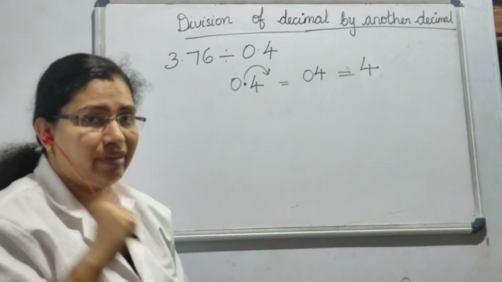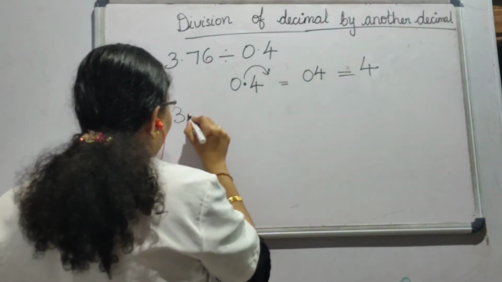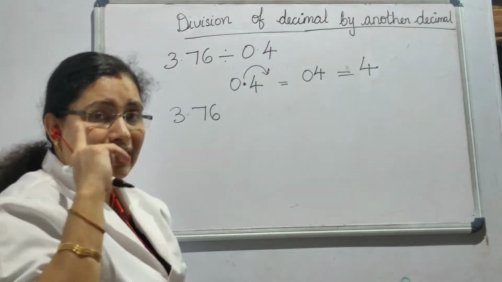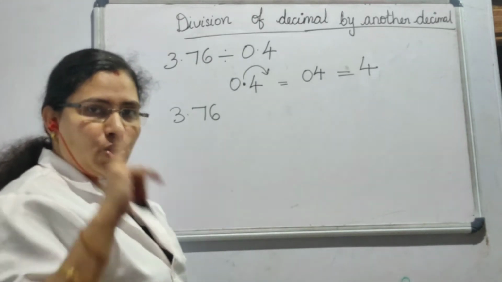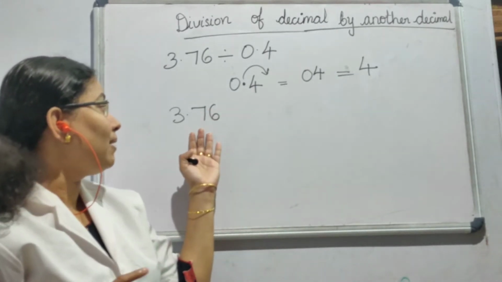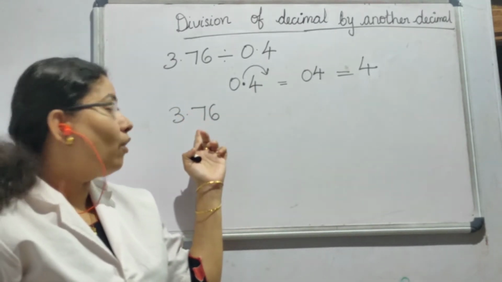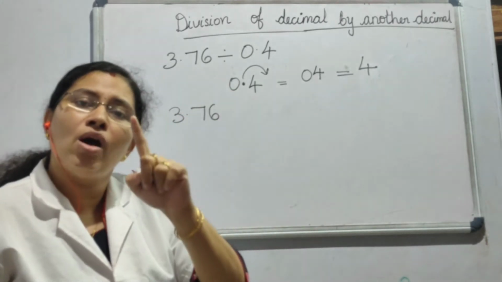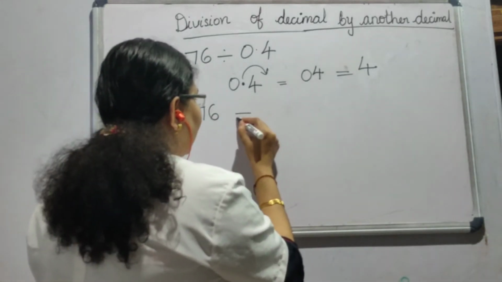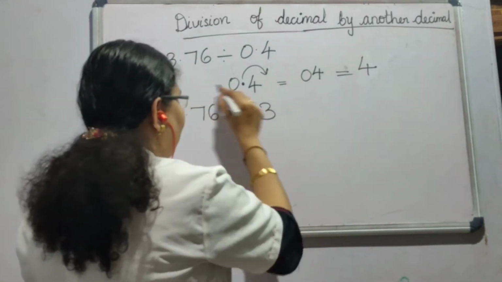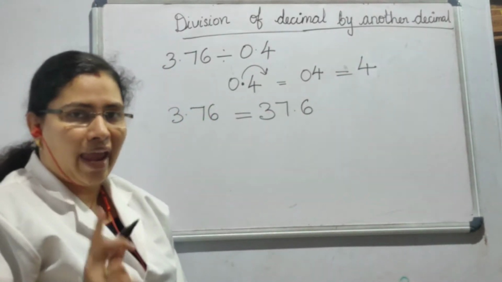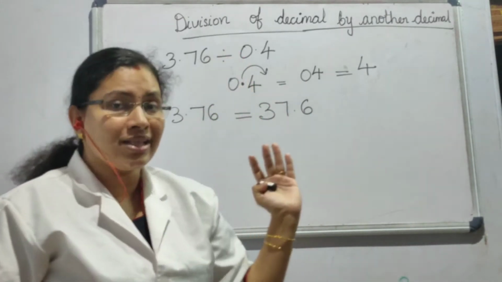Now we have to look at the dividend, which is 3.76. In the divisor we moved the decimal point one place towards the right, so in the same way we have to move the decimal point of the dividend one place towards the right. That means you will get 37.6.